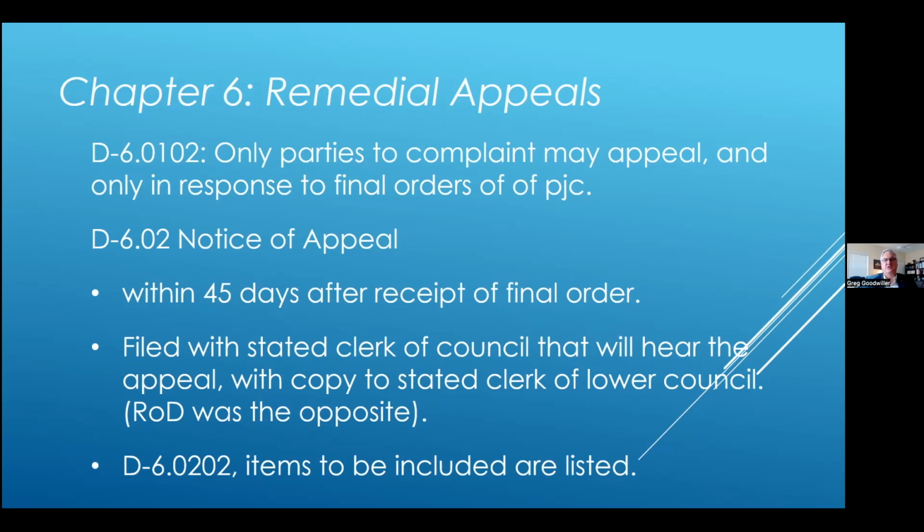And then there's a list of items that are to be included in it. That's in D60202. Name of the party, council from whom it's taken, a copy of the ruling, statement of the description of errors, and those are listed 1 through 7.